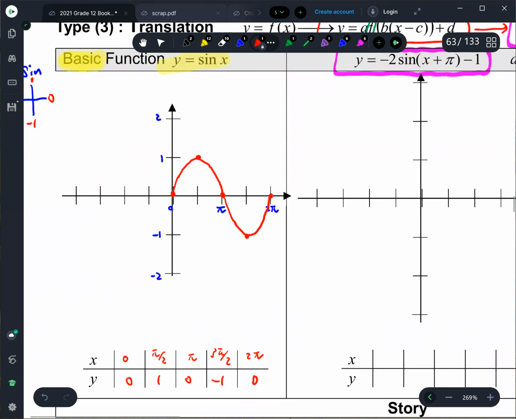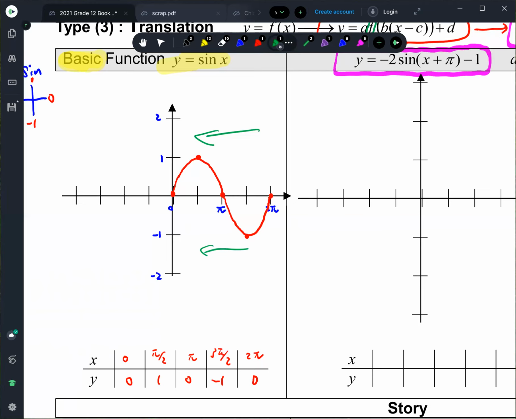So think about this graph here. We want to shift this to the left by pi over 2. Okay, we're moving that way. This whole graph is shifted to the left by pi over 2. So your new point should start from there, something like that.